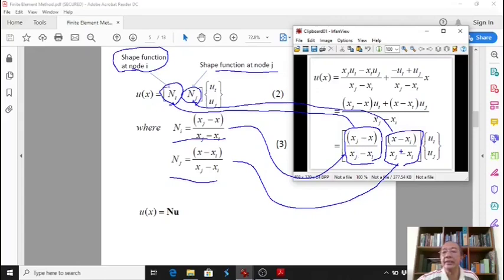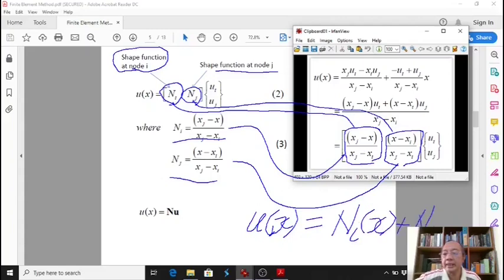We can also simplify that ux is ni of x times ui plus nj of x multiplied to uj.